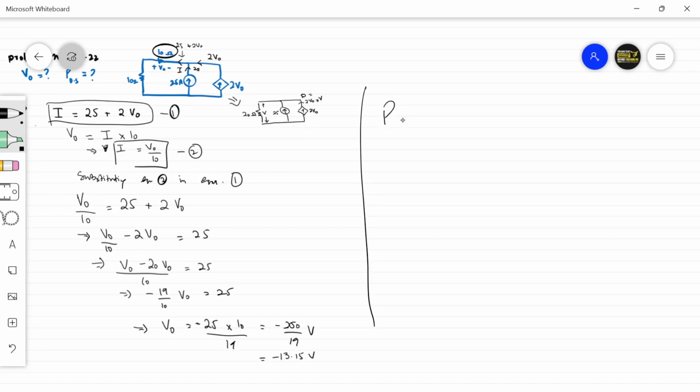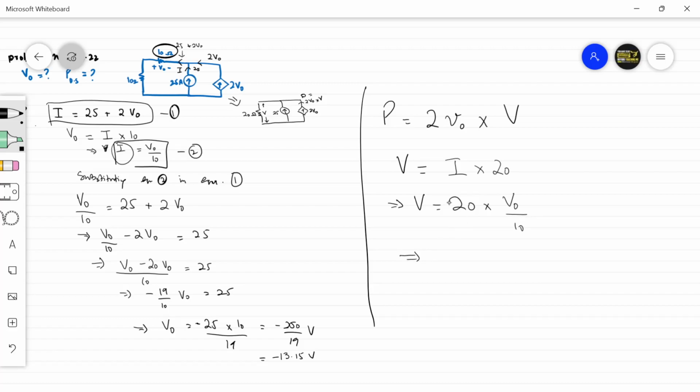So we have seen that power will be equal to 2V naught into V, where V is the voltage across this 20 ohm path, which will be equal to I into R, where I is capital I that we have used earlier here, and R is 20 ohms, the total resistance across this path, which implies V is equal to 20 into I. I is V naught by 10 from equation number 2.